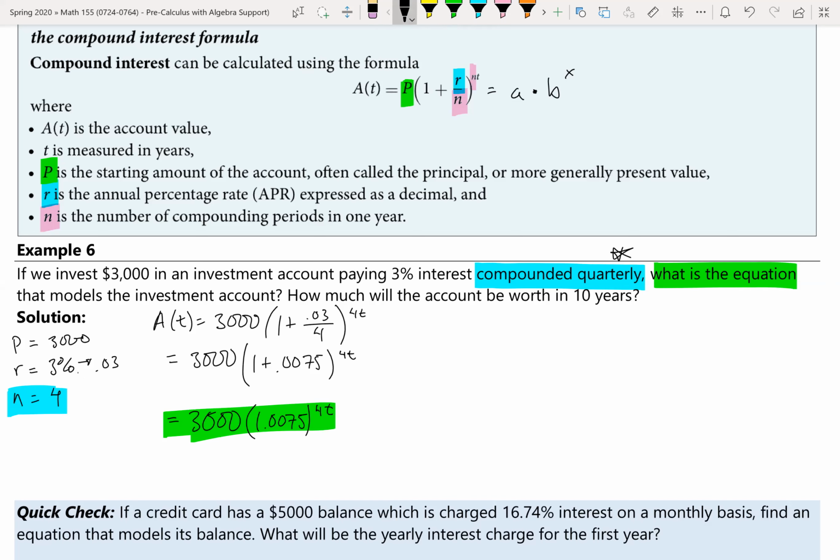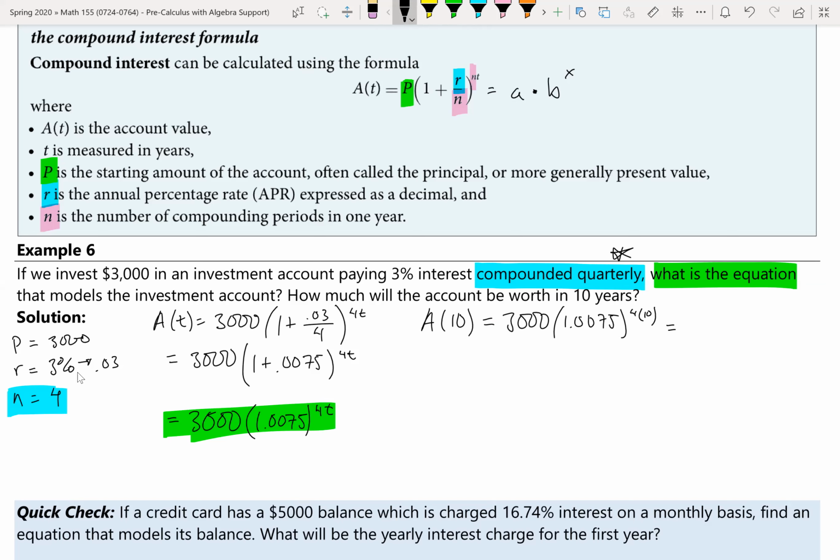Now we get to do the 10 years. What does that tell me to do? Put the 10 where the T's are. So we need to find A of 10. And then you get your answer. 3,000 times 1.0075 to the 4 times 10.